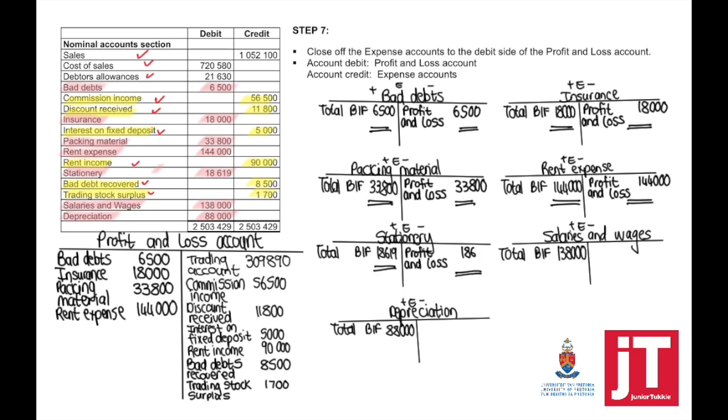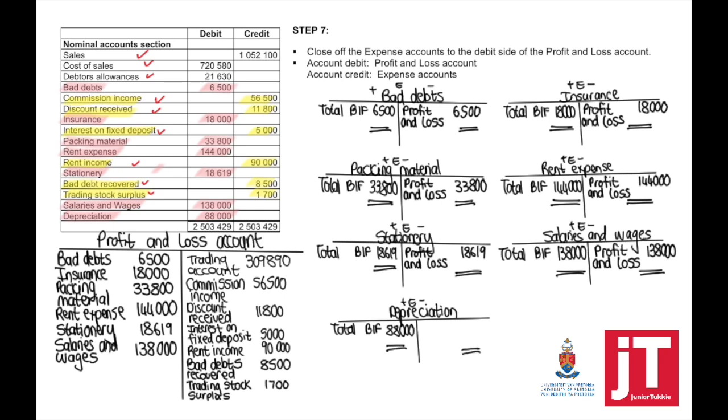Stationery is credited, account debited, profit and loss account. Salaries and wages is credited, account debited, profit and loss account. Depreciation is credited, account debited, the profit and loss account. So this is why you can study.